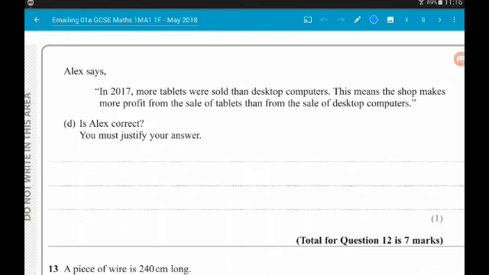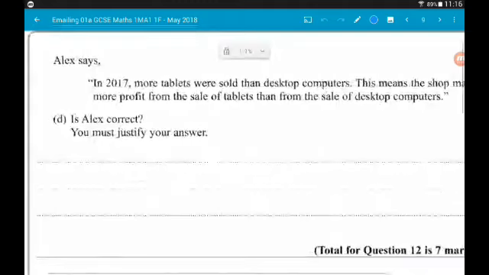Cool. Okay, then for part D, Alex says, in 2017, more tablets were sold than desktop computers. This means the shop makes more profit from tablets than from desktop computers. Is Alex correct? Give a reason for your answer. So, what we should really say here is that we can't tell if he's correct.